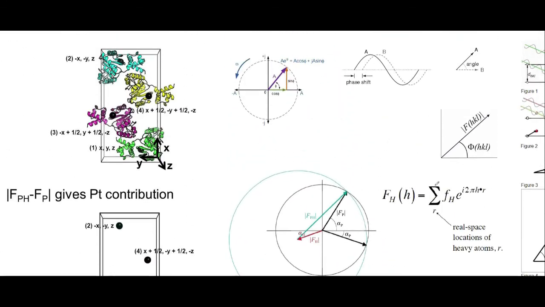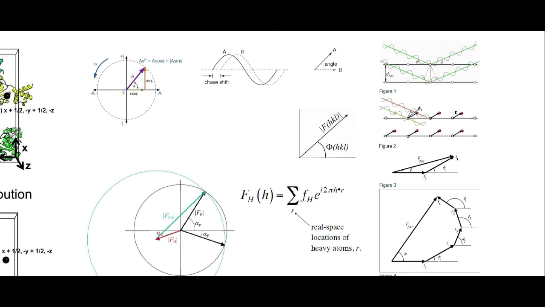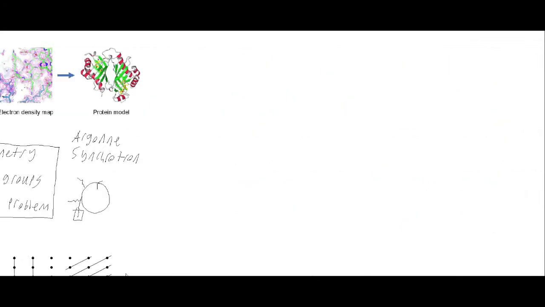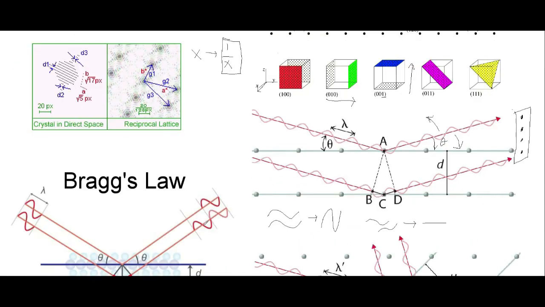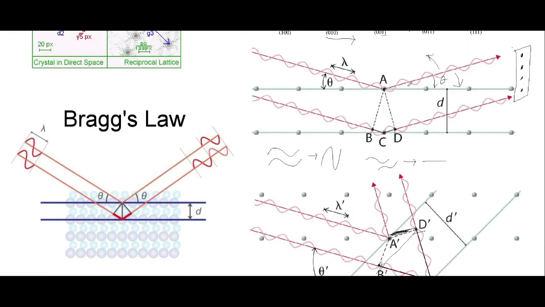To do that, we need to think about the phase problem, and so the intensity of a peak in our diffraction pattern tells us. So once again, let's go back to this Bragg diffraction.